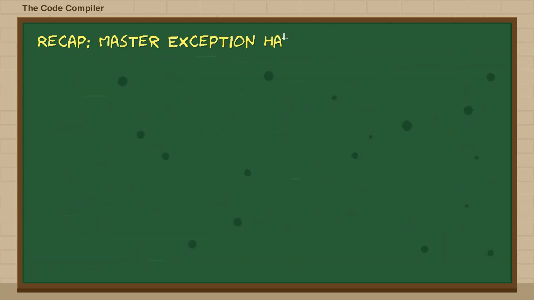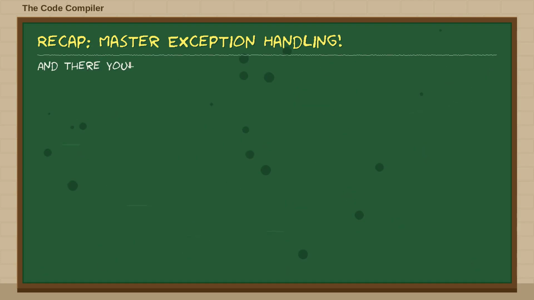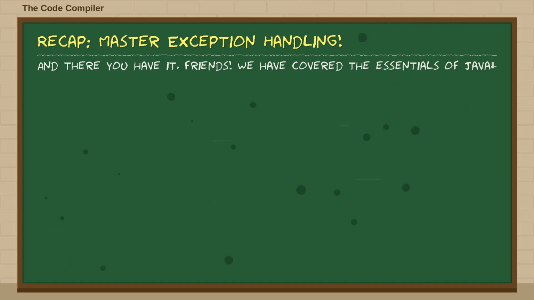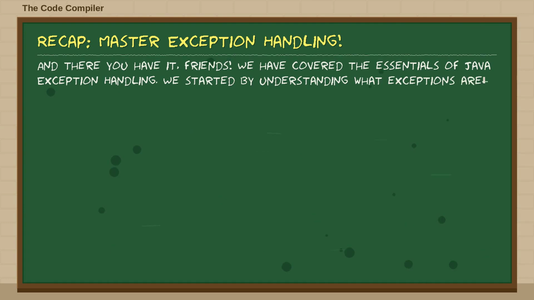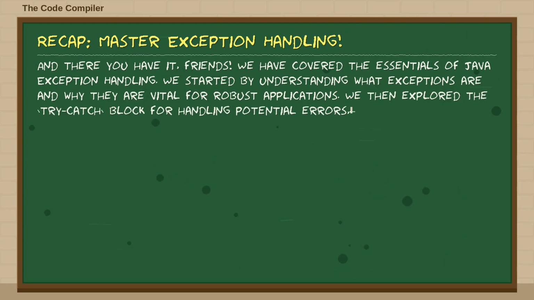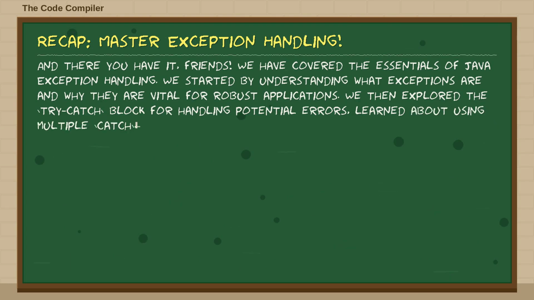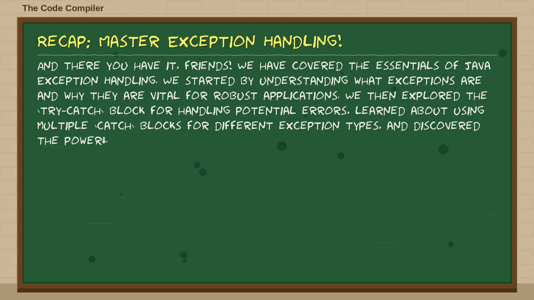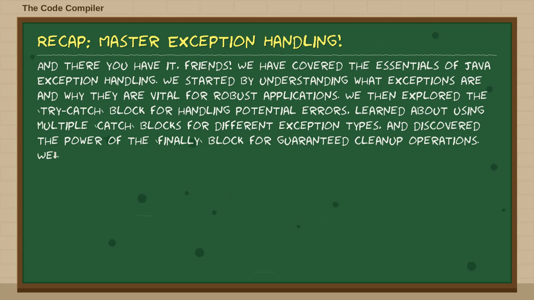And there you have it, friends. We have covered the essentials of Java exception handling. We started by understanding what exceptions are and why they are vital for robust applications. We then explored the try-catch block for handling potential errors, learned about using multiple catch blocks for different exception types, and discovered the power of the finally block for guaranteed cleanup operations.